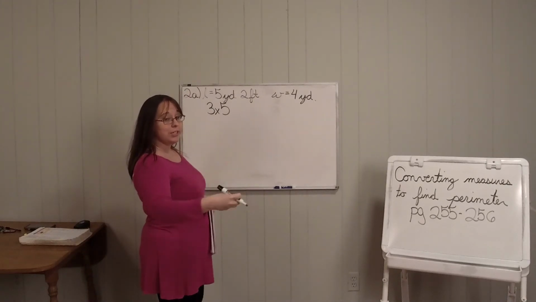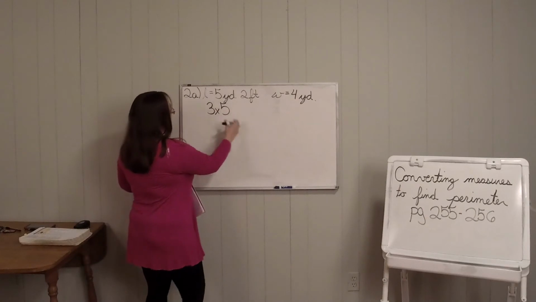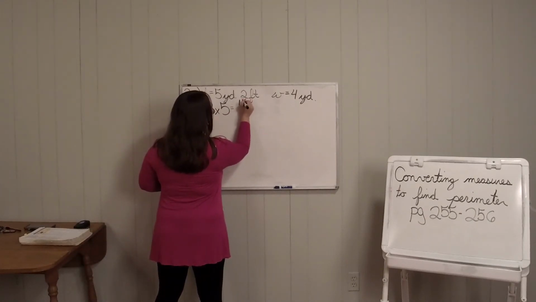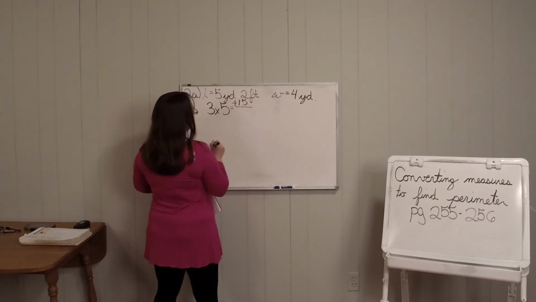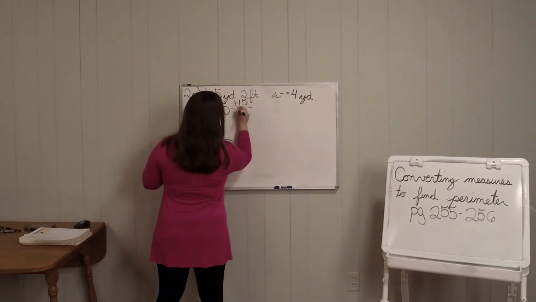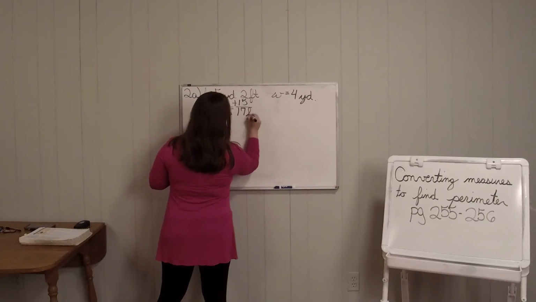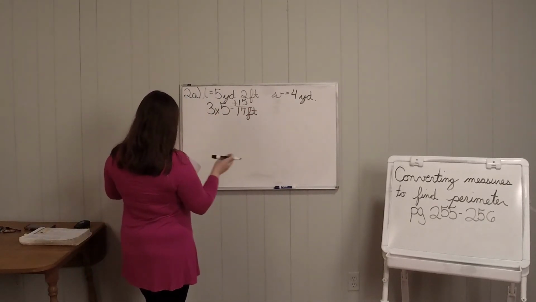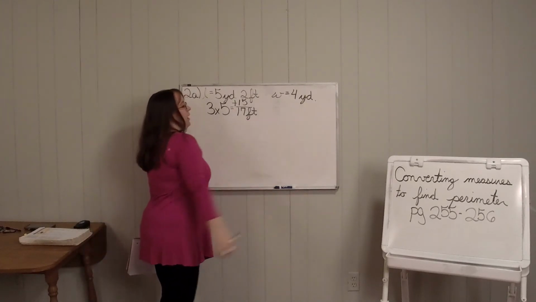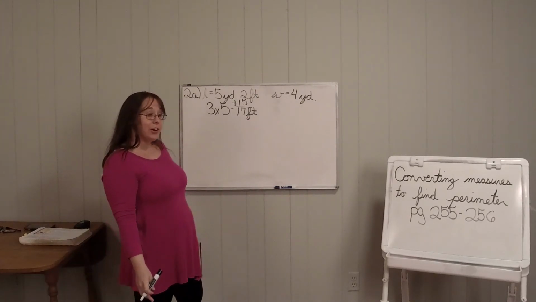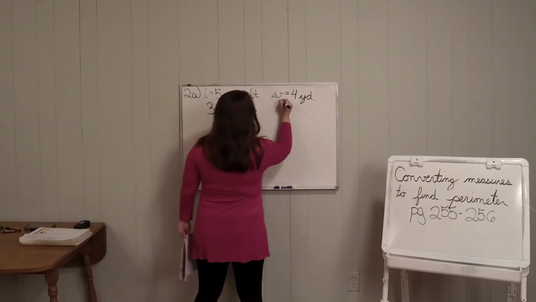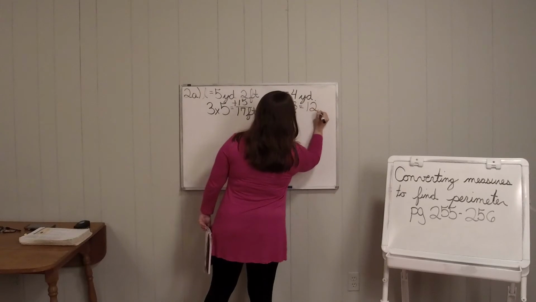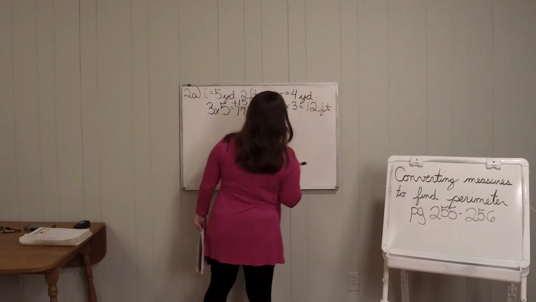You're going from big to little, so you multiply. 3 times 5 is 15. So 15 plus 2 is 17 feet. Okay? How many feet are in a yard? 3. So it's 4 times 3 is 12 feet.